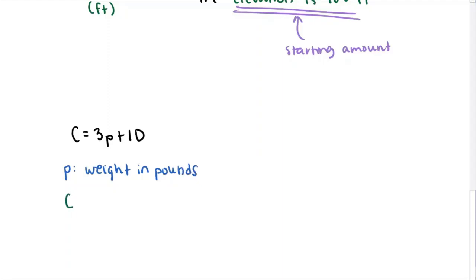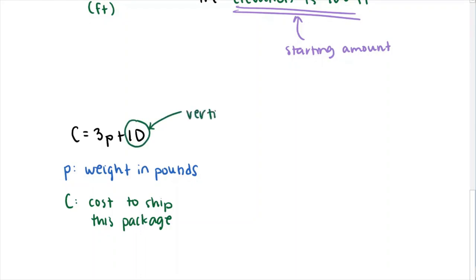And the output, the dependent variable, is measuring the cost to ship this package in dollars. Right, and again, if I were to plug in 0 for my input, 0 for p, the weight of my package in pounds, that would tell me that the vertical intercept is this (0, 10).